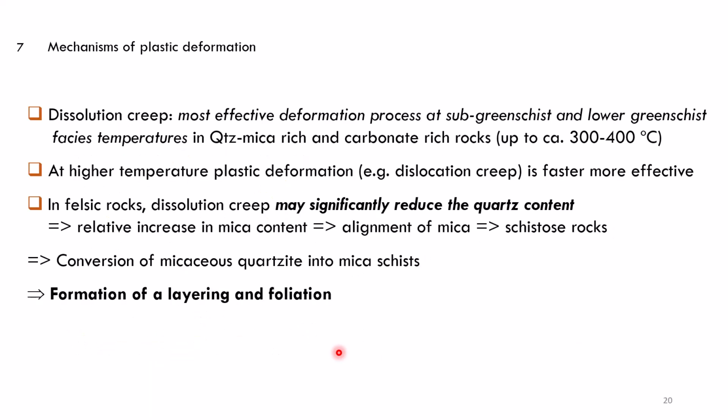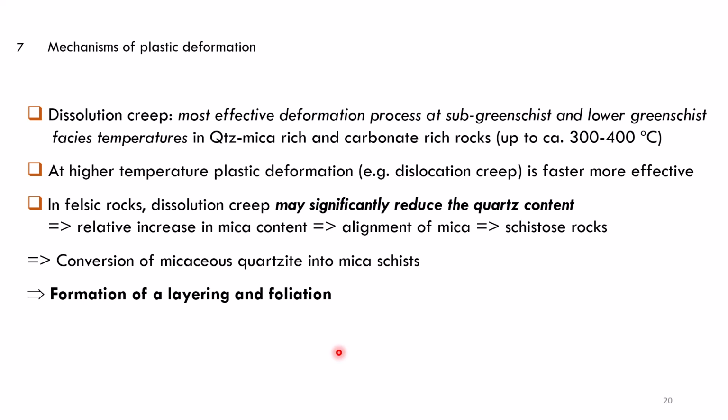The importance of dissolution creep is that it is already effective at relatively low temperatures. At sub-greenschist facies and lower greenschist facies temperatures, quartz and mica-rich and carbonate-rich rocks will undergo a quite intense dissolution, and at these conditions, the only other deformation process that might take place is fracturing and faulting.